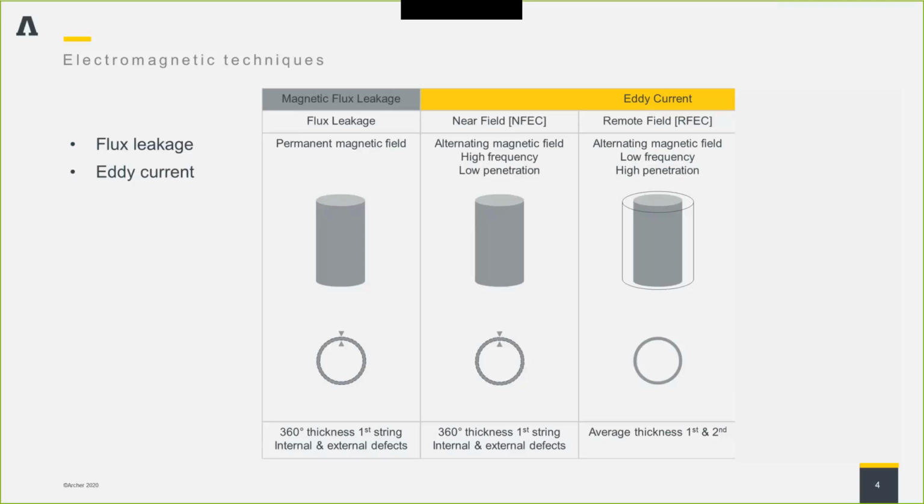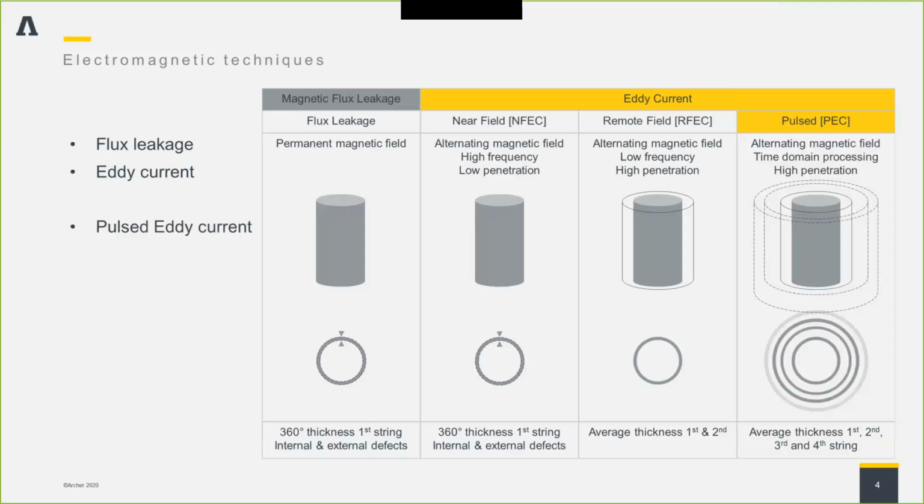too large. But there is another technique called pulsed eddy current, which again uses an alternating magnetic field, but it's a different type. It's not sinusoidal, and we record in the time domain. So it gives us much higher penetration. It gives us the average thickness, and because of the techniques that we use, we're able to evaluate multiple barriers, up to 4 in the case of the particular tool I'm going to talk about today.